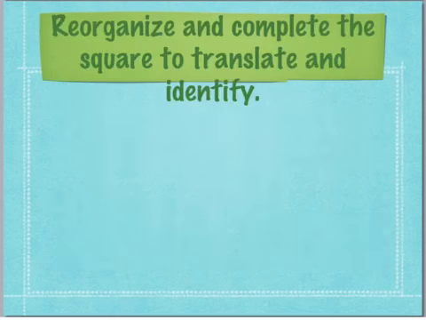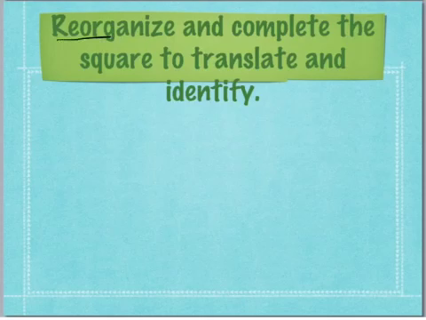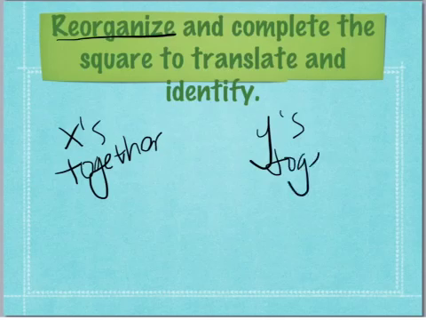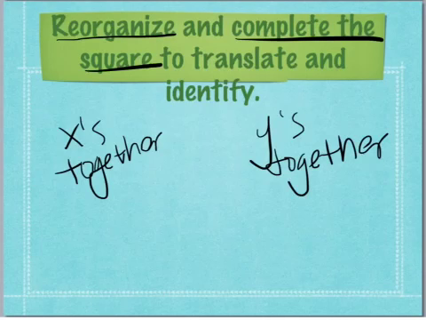So now we need to talk about how we know where the center is if they give us this very long, complicated equation. The way in which we're going to do that is we need to reorganize everything so that we bring all the x's together and we bring all the y's together. And then we have to complete the square in order to figure out what kind of conic it is and where its center is.